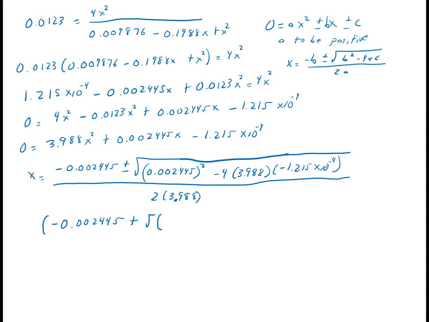If it doesn't, you need to put the parenthesis there. 0.002445 and then the square symbol, minus 4 times, I don't want to use parentheses here, 3.988 times a negative, so this is a minus, this is a negative, 1.215 times 10 to the minus 4th, close parentheses twice, divided by open parentheses 2 times 3.988, close parentheses.